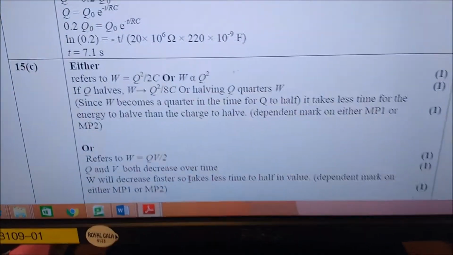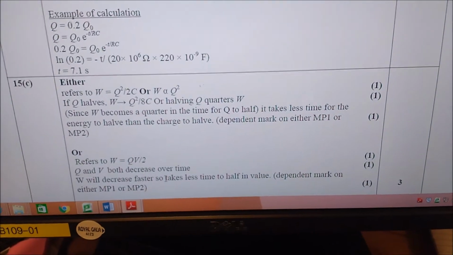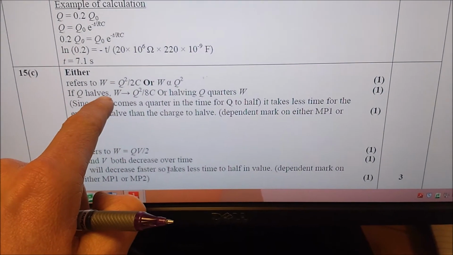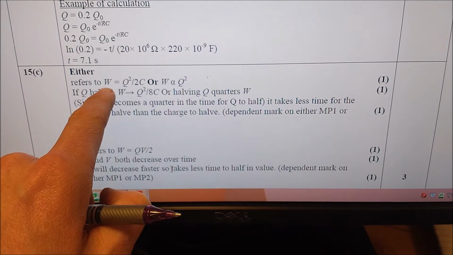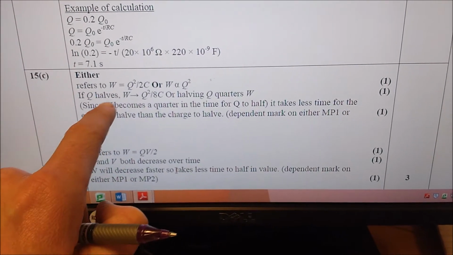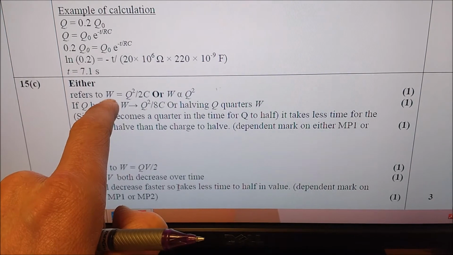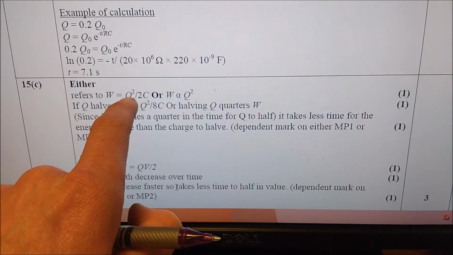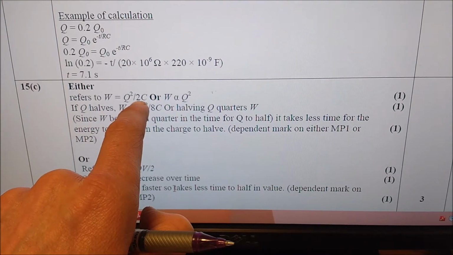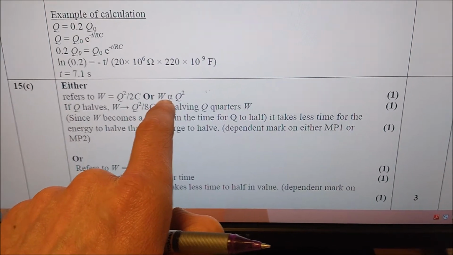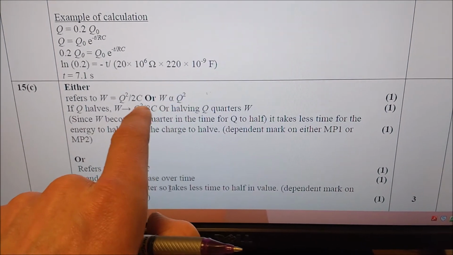If we actually have a look at the mark scheme, what you're going to get the mark for there. So 1 mark, there's different ways that might get interpreted, but what it's saying here is 1 mark for the idea of the energy stored is Q squared over 2C, or the energy stored is proportional to Q squared.